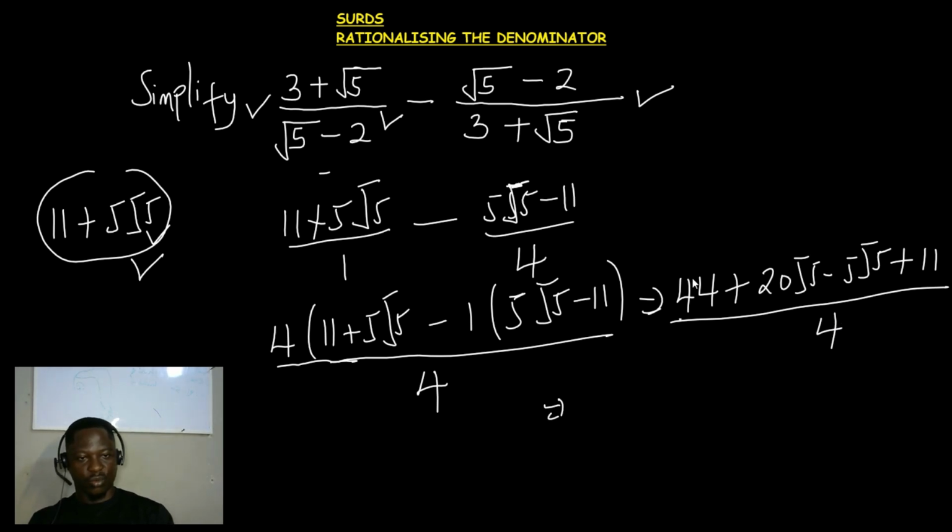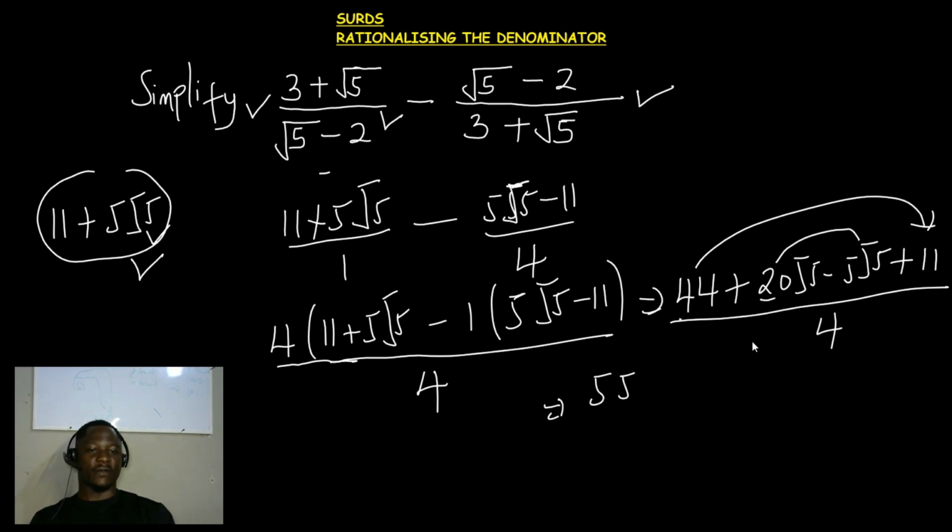So here let's group the 44 and 11 together: 44 plus 11 will be 55. And 20 root 5 minus 5 root 5: because they are like terms, you subtract the 5 from the 20, which is 15 root 5, all divided by 4.